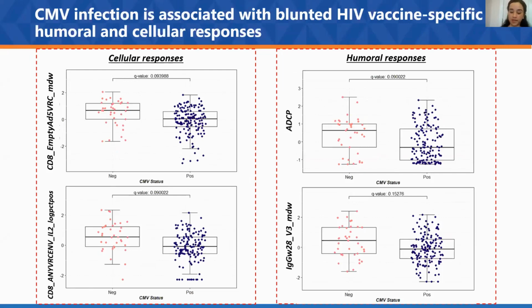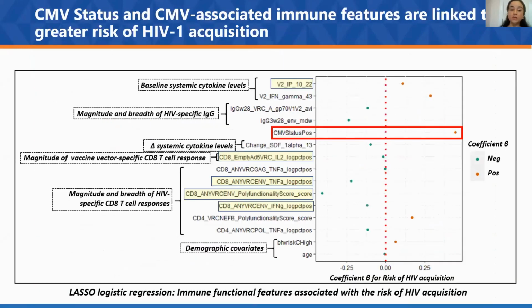with the CMV status. Now coming to the bigger question of how CMV status is associated with the risk of HIV acquisition. For this study, we handpicked and shortlisted a couple of features or immune measures.